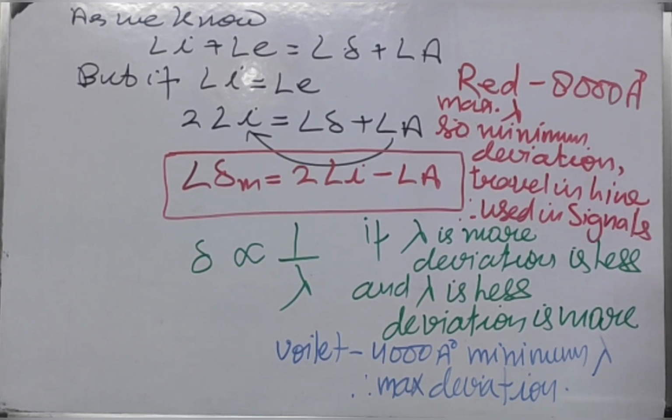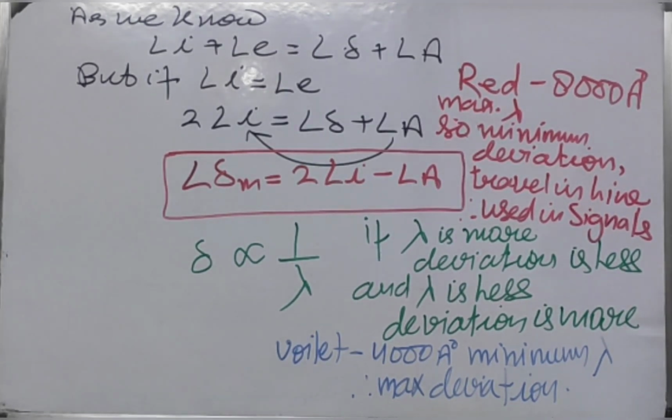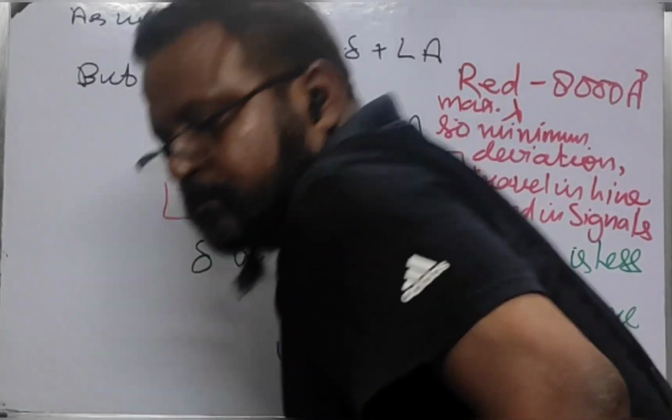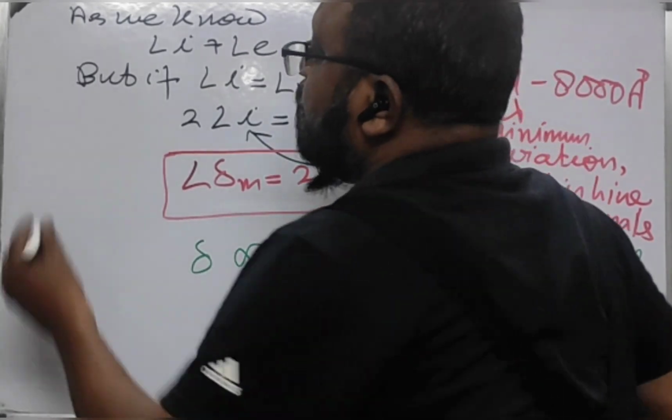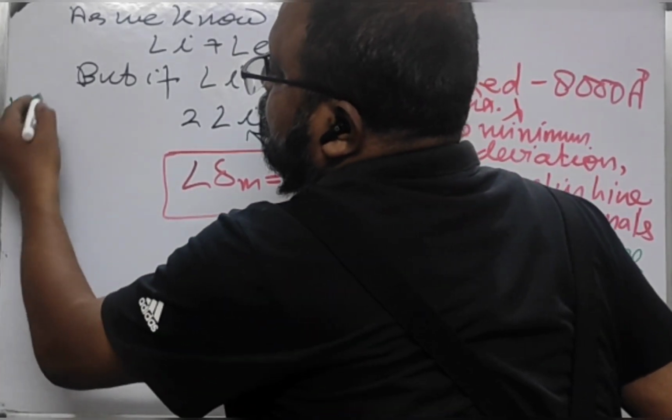You already read that in rainbow, white light is made up of 7 colors, right?